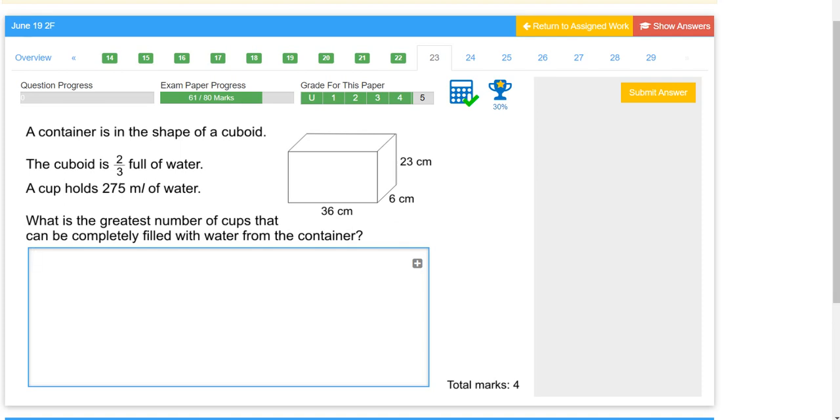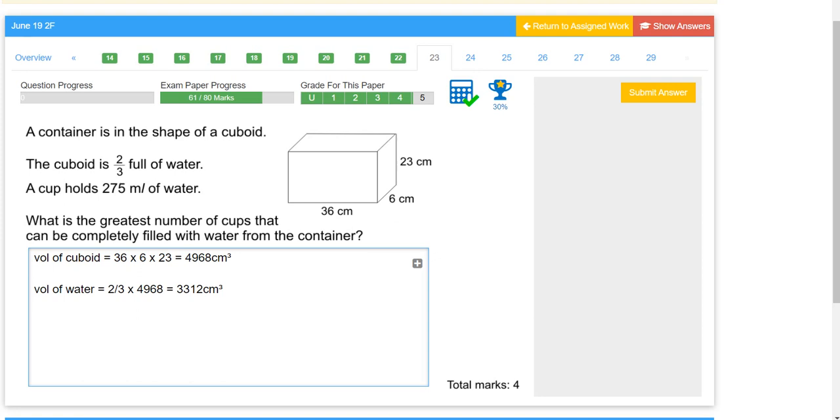So how do I do this question? First of all, I find the volume of the cuboid, and I know that that's going to be 36 times 6 times 23. And I stick that into my calculator. So I work out that that is 4968 cubic centimeters.